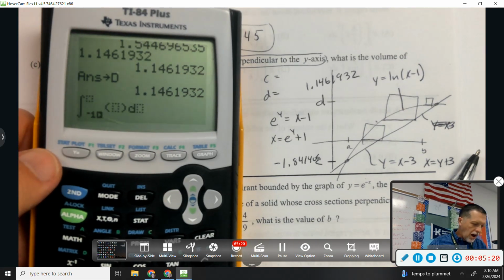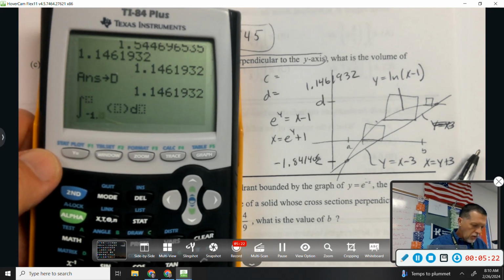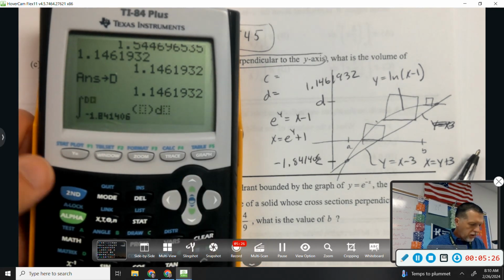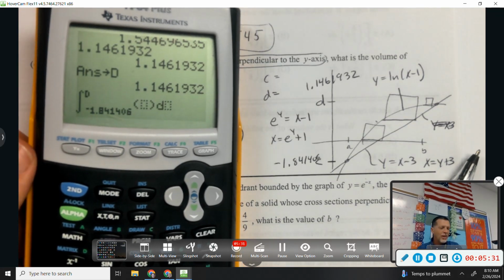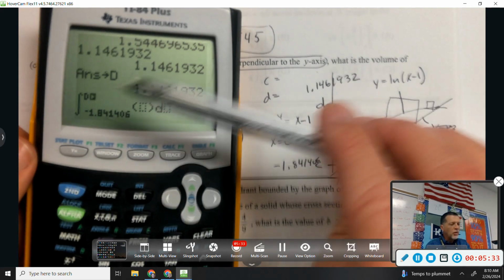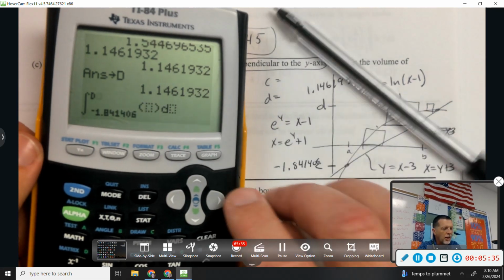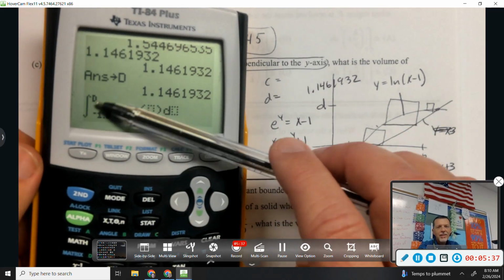I'm going to combination these just to be confusing. 1.841406 up to D. So you can mismatch if you like, right? Most people don't mismatch. Most people either save them both or write them both out. But there's nothing wrong with it, the calculator knows what D is.